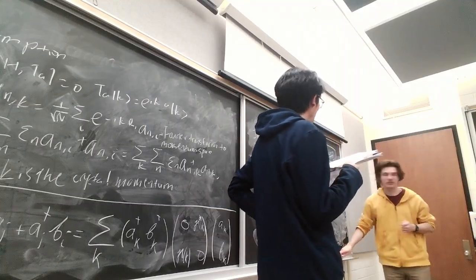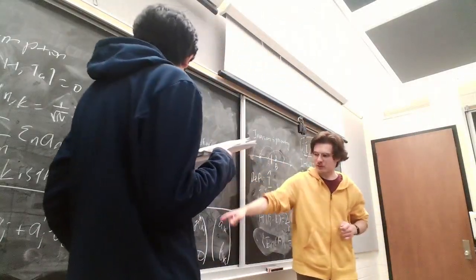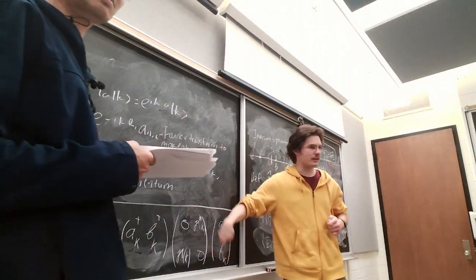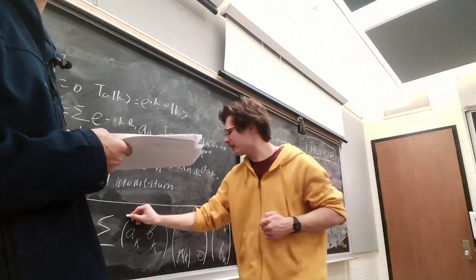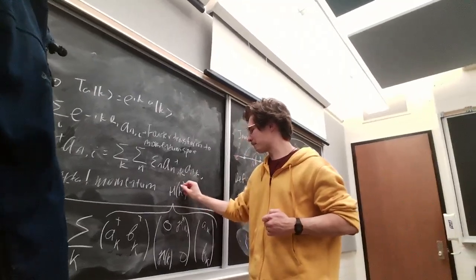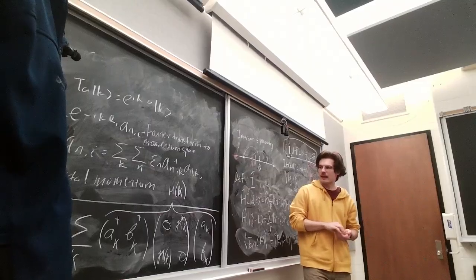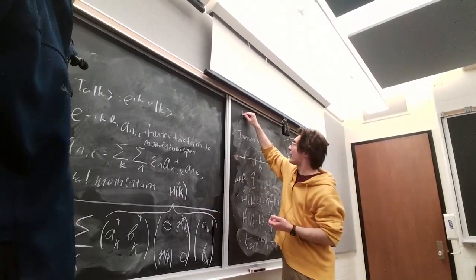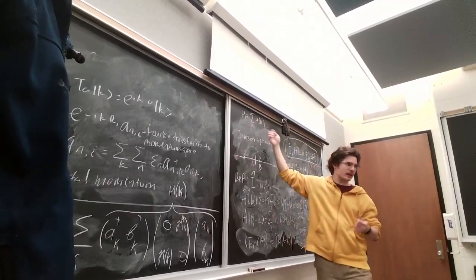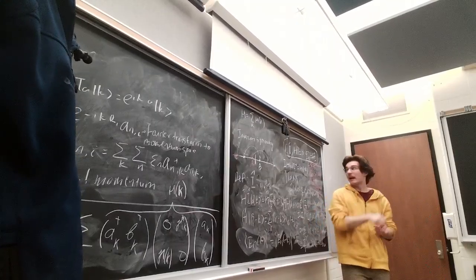This is something that was not said explicitly. See here how I rewrote my Hamiltonian as a sum of these terms that are indexed by K. This individual term is what we call H of K. So you can think of your Hamiltonian as a sum of these block Hamiltonians, which act on some subspace of your Hilbert space.